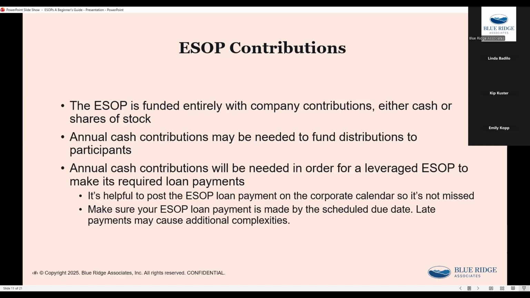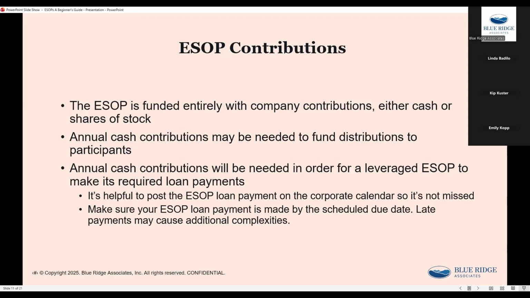It's important that the loan payments are made on time each year and on schedule. Otherwise, you might have some adjustments to the interest calculations, and this can impact the remaining loan payments on the ESOP note, and also the number of shares that are allocated each year to the participant accounts.